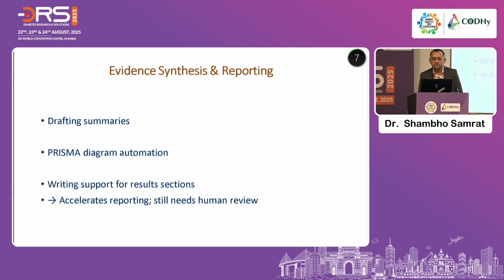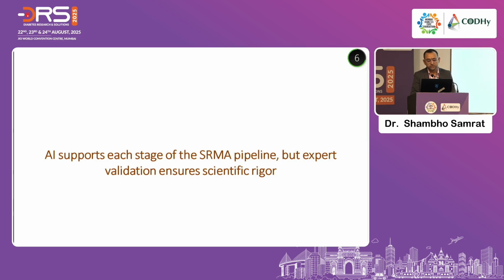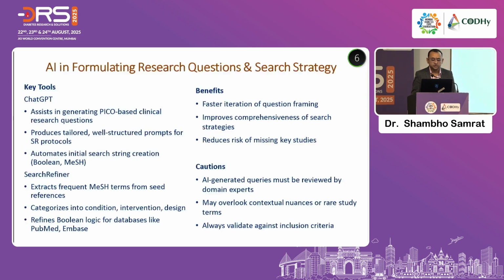Coming to evidence synthesis and reporting, again different AI tools can help. ChatGPT can also draft the summaries, guide us how to prepare the PRISMA diagram, and give writing support for the results section. So ultimately we will get reporting in an accelerated way. But again and again, human review is very important. Artificial intelligence supports each stage of SRMA, but expert validation ensures the scientific rigor.